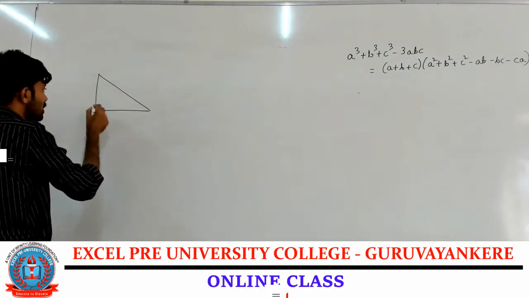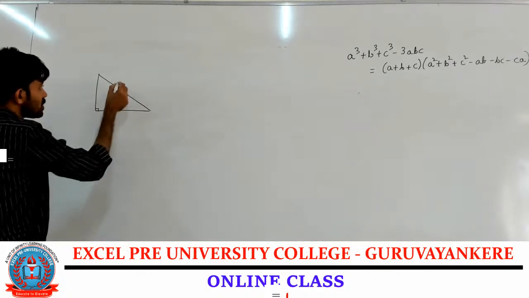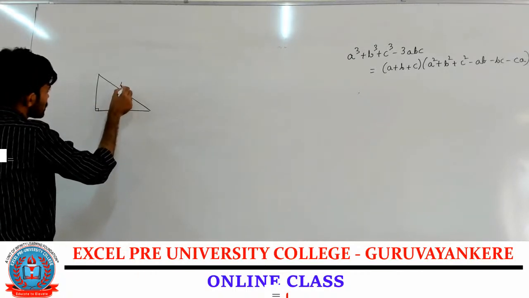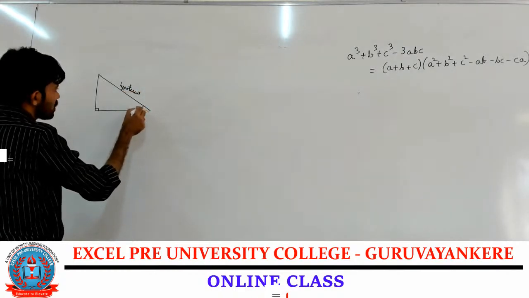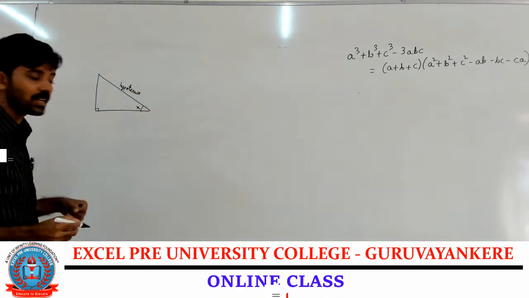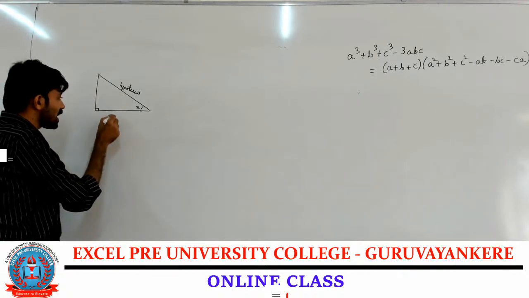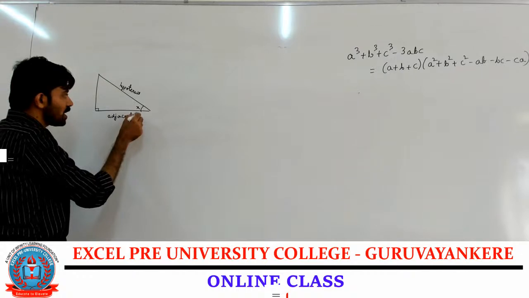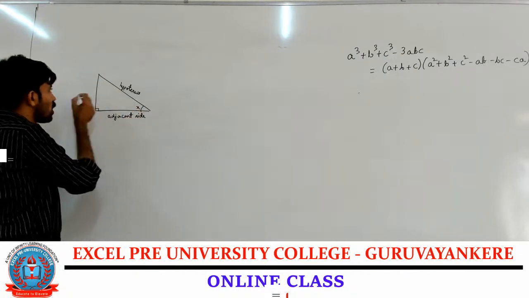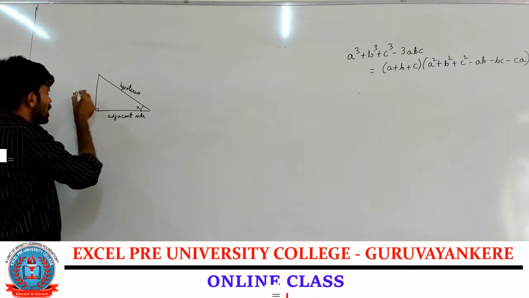Right angle is this. This is the hypotenuse. This angle is x, suppose. This becomes the adjacent side. The side adjacent to angle x is called the adjacent side. The side opposite to angle x is called the opposite side.